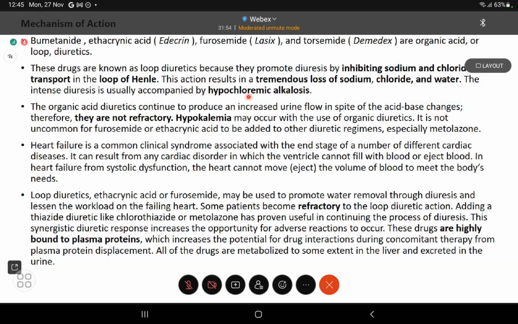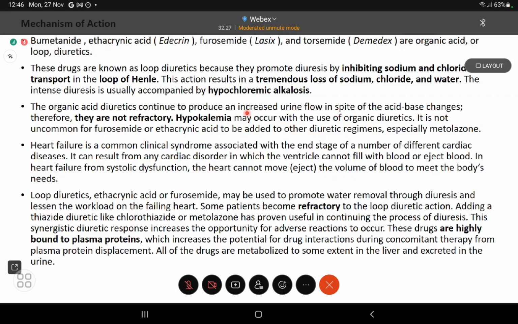I think you're familiar with this, isn't it? Just now, remember the thiazide group. They also might cause hypochloremic alkalosis. So they are not refractory, even though the acid-base changes have occurred, meaning the sodium chloride is lost, but the effect still remains.